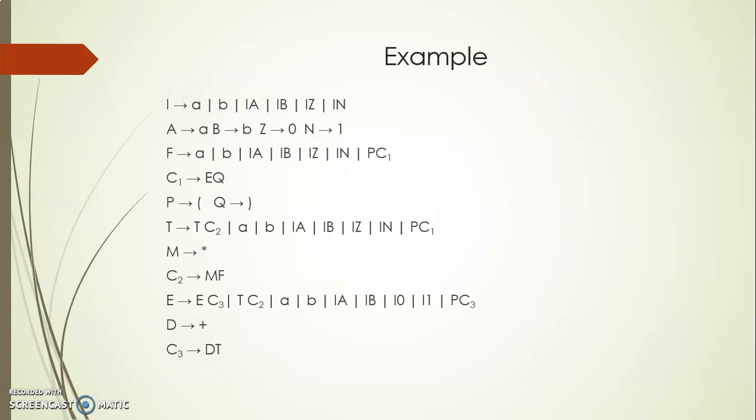From that, you have to eliminate the unit productions. From the grammar for which we eliminated the unit productions, you have to check for the existence of useless symbols. If any useless symbol exists, it has to be removed, and after removing the useless symbols, the output has to be passed as input for the Chomsky normal form conversion. After applying these steps, our grammar will automatically be in Chomsky normal form.